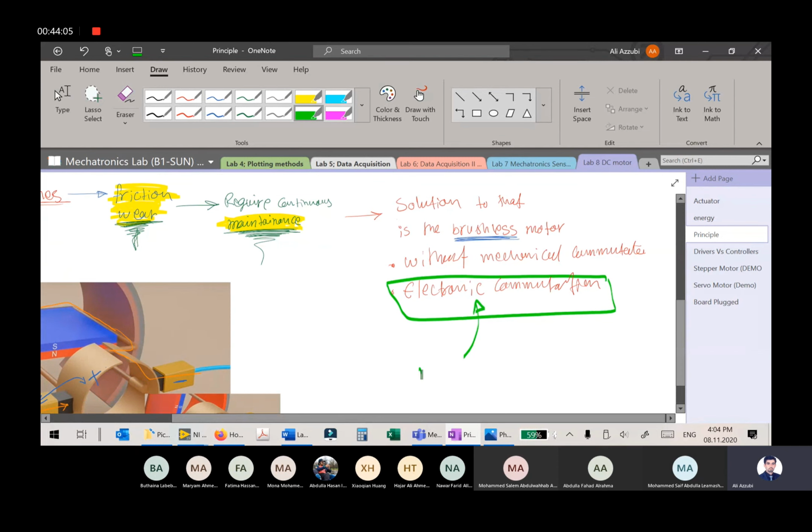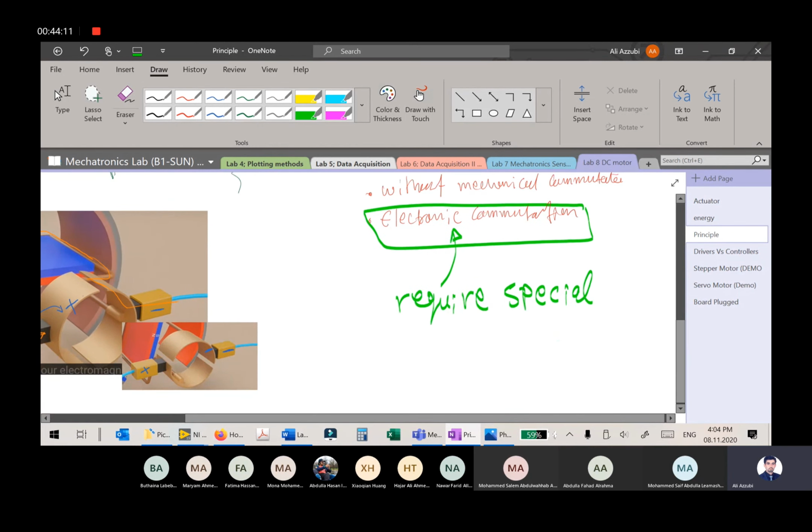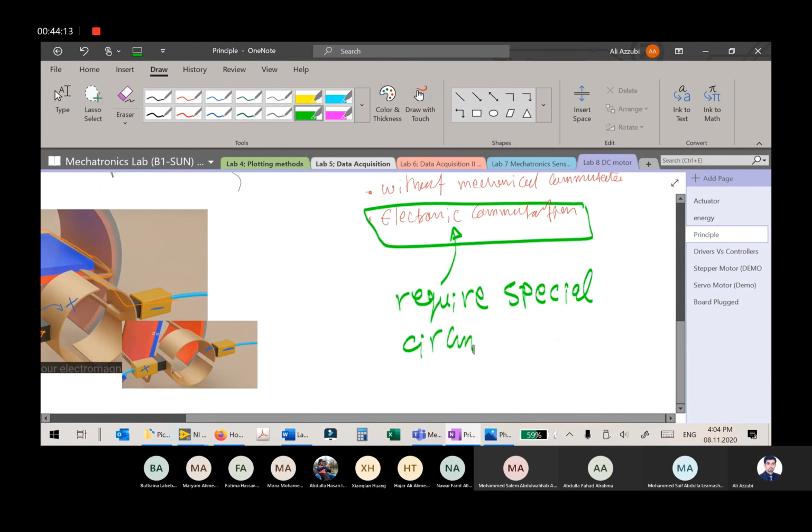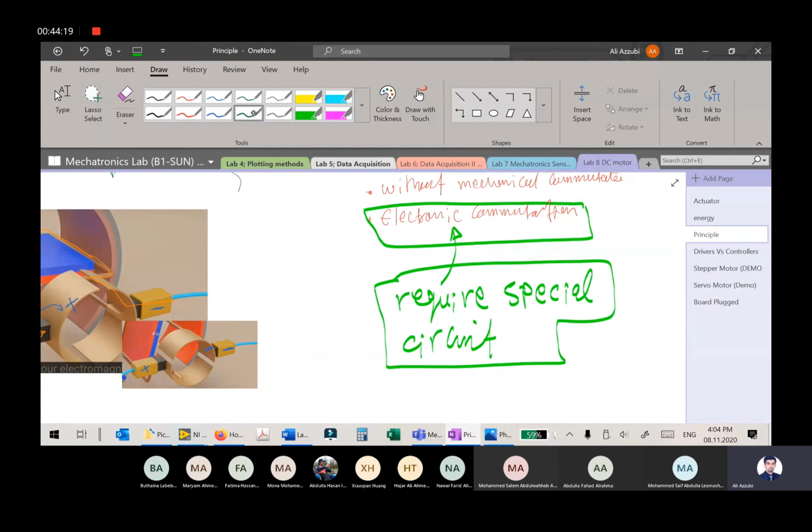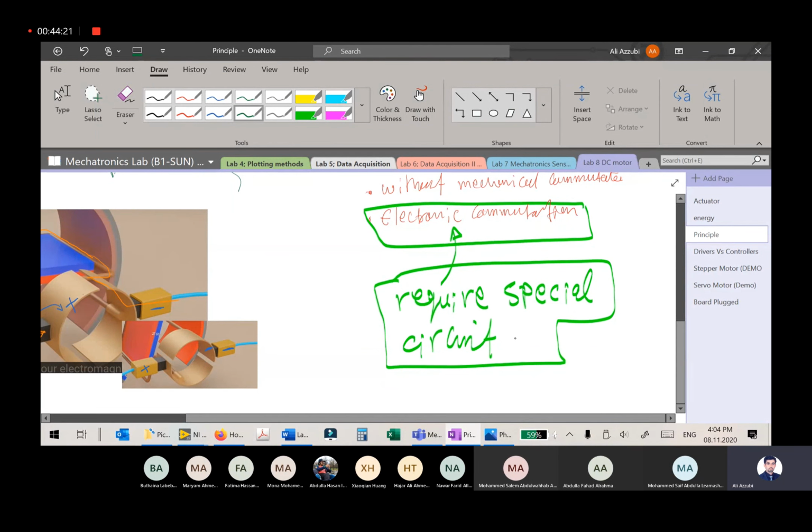This means they require a special circuit. You cannot connect a brushless motor directly to a battery. You have to have a special circuit, and we call this the driver, the brushless BLDC driver. Okay, we'll come to this.